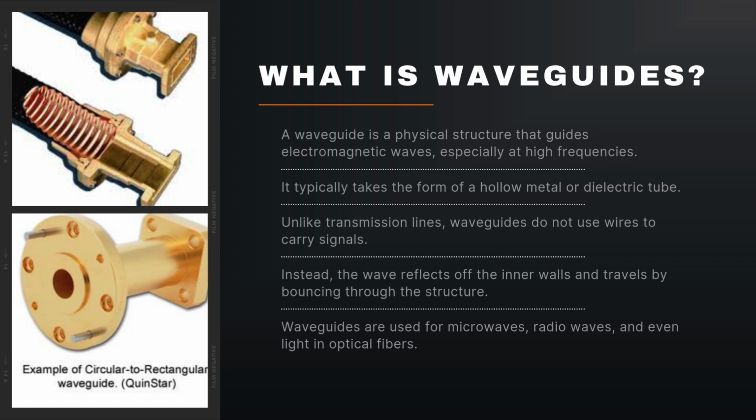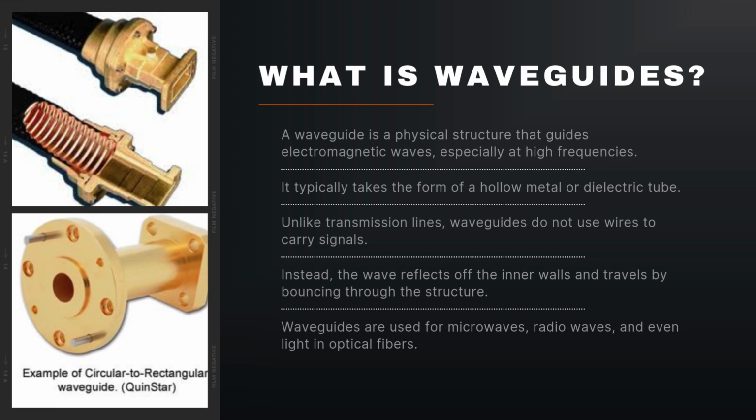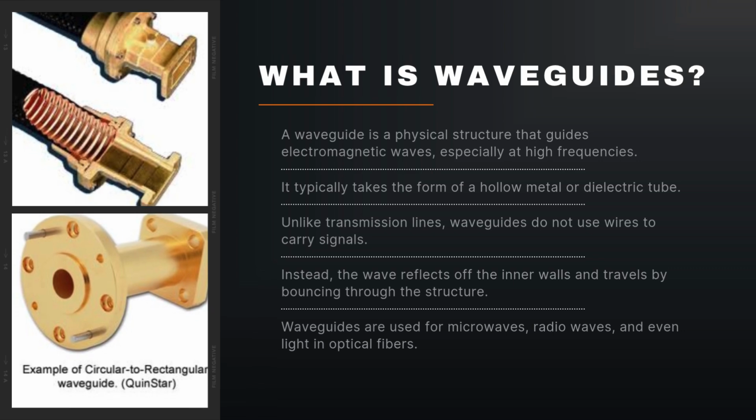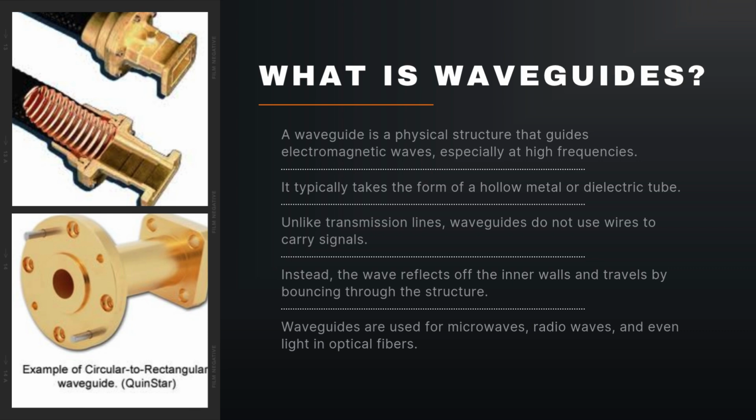Most waveguides are either metal tubes or dielectric filled tubes. For instance, optical fibers are a form of dielectric waveguide that guides light. Waveguides are used in radar systems, satellite links, microwave ovens, and optical communication.